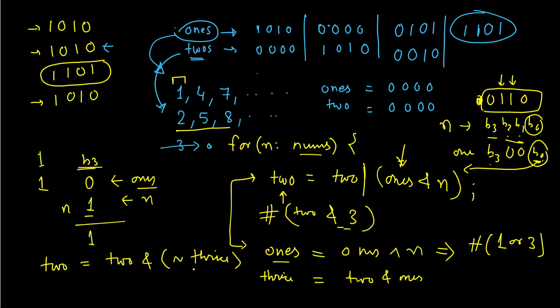The bits which have not occurred thrice, we do AND with that, so that the thrice bits will get chopped off. Similarly for ones, ones equal to ones AND not of thrice. And finally we will return ones.